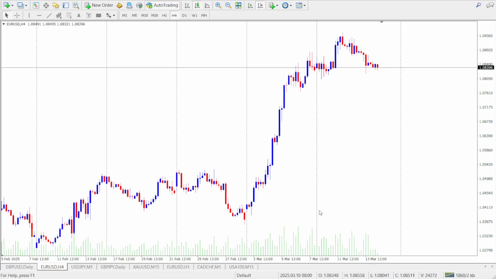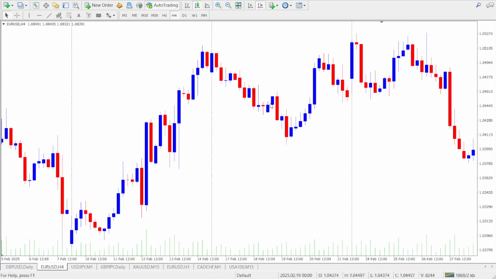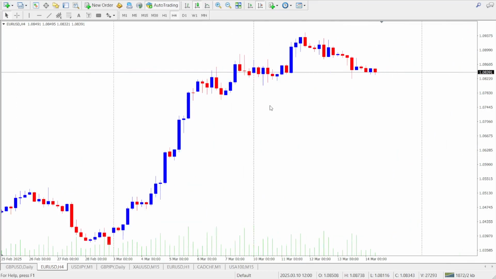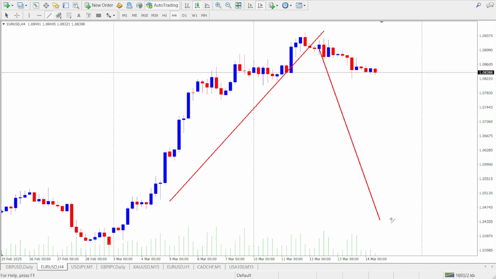Reversal patterns form when price action signals a potential trend shift, either from bullish to bearish or from bearish to bullish. These patterns help traders anticipate market movements instead of reacting too late.